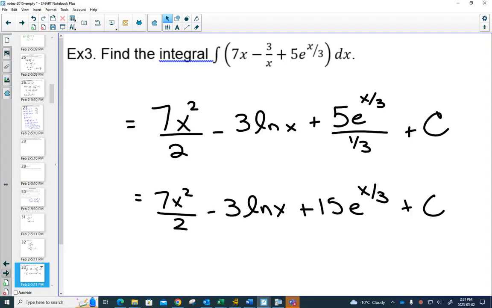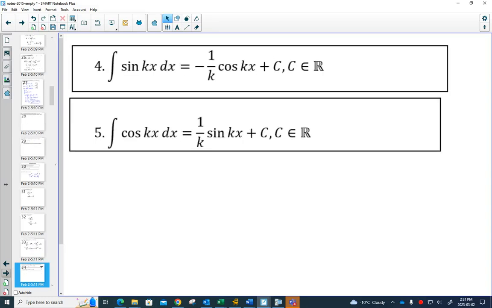Okay, so now you have to apologize to your brains, because what we're about to do is about to mess them up again. We've got our derivatives of sine and cos. And then our integrals of sine and cos. So do you remember that the derivative of sine was positive cos, and the derivative of cos was negative sine?